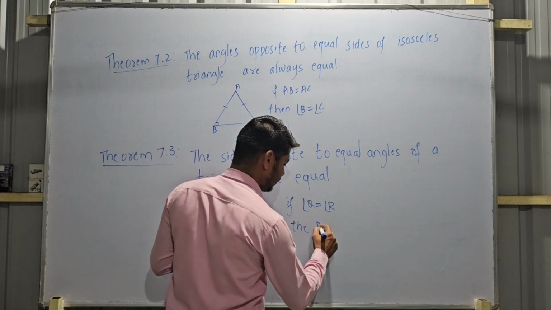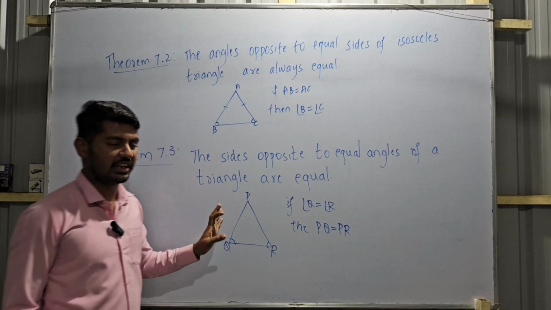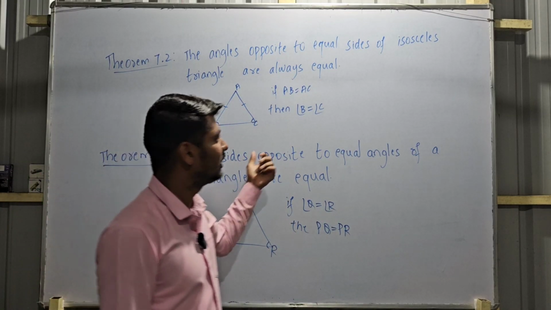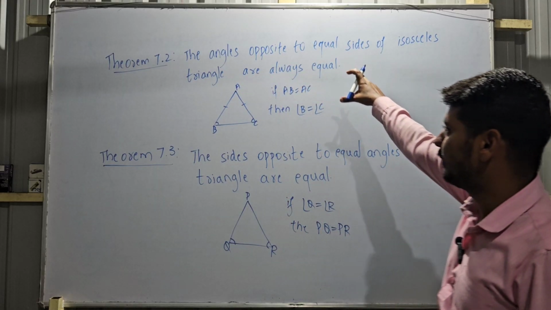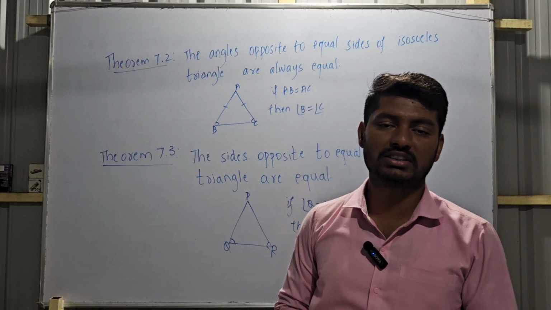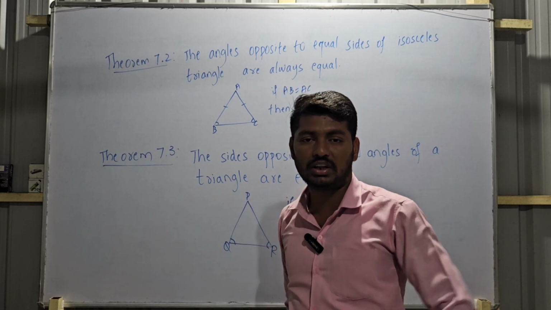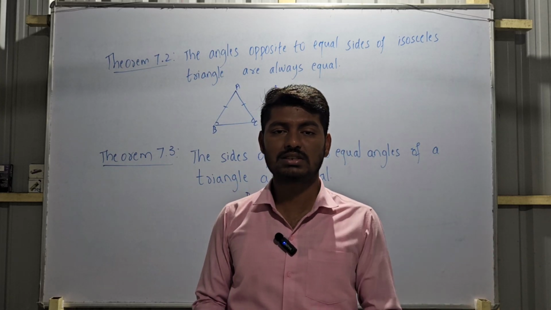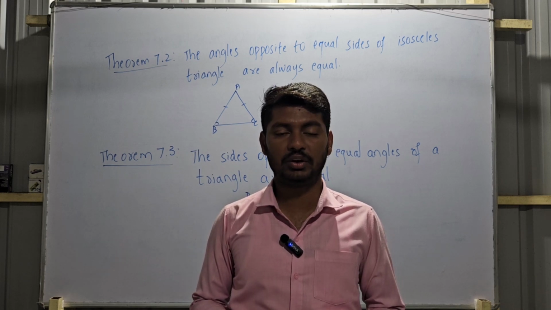Then PQ is equal to PR. This is the statement of 7.3. So in 7.2 we take that the angles opposite to the equal sides of a triangle are always equal, and in 7.3 we take the sides opposite to the equal angles of the triangle are always equal. This is the statement of 7.2 and 7.3.